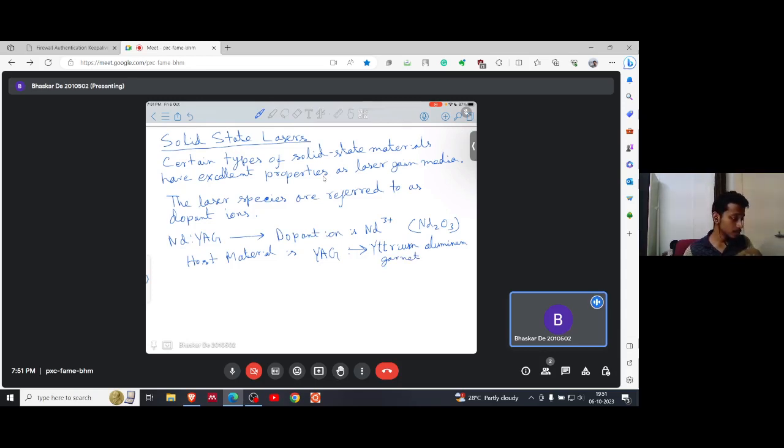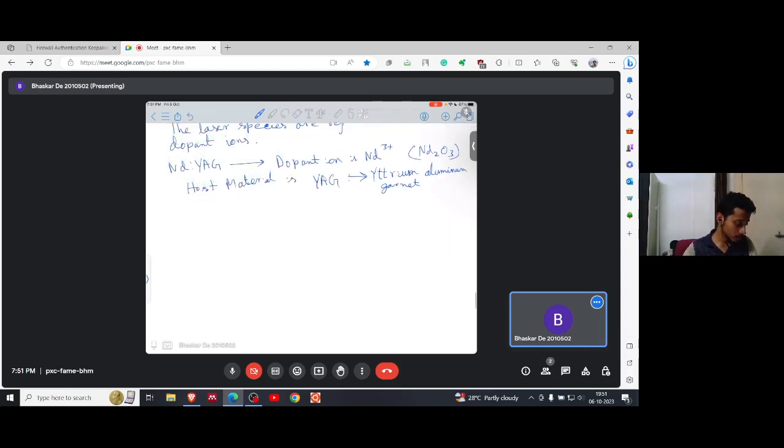This laser is sometimes just called a YAG laser. In recent years, however, other dopant ions have been successfully doped into YAG, such as Yb:YAG. The dopant ion ytterbium has a lasing action at 3 micrometer wavelength.